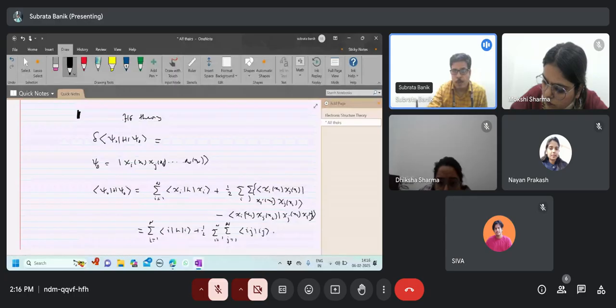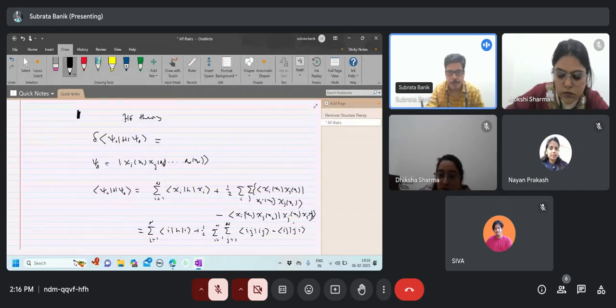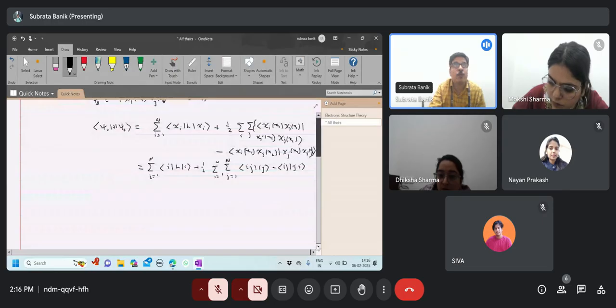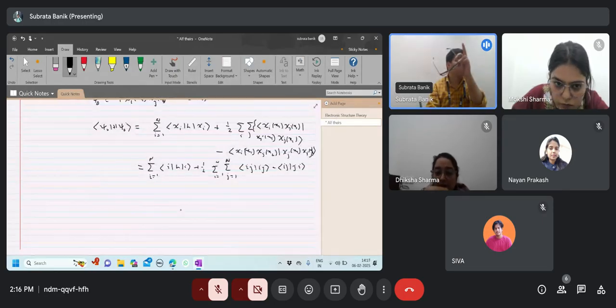For the integral exchange part, it will be ji, right? This is the Dirac or physicist way to write it. You can see that, right? Is it clear? Okay. So this also can be written.